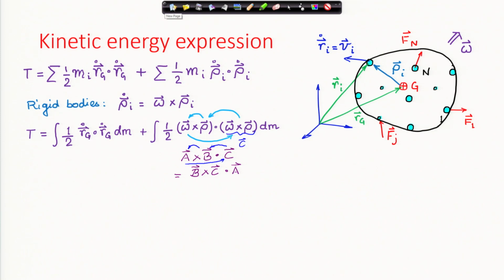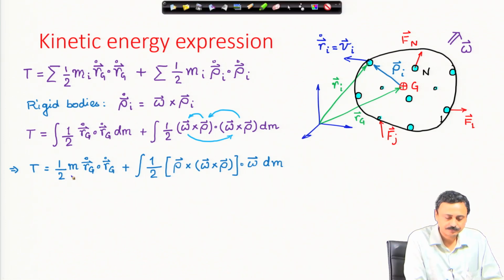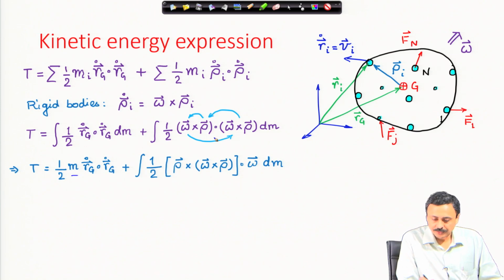Therefore, if I use that, I can write it as, so first term it's integration of dm. Integration of dm is nothing but the total mass of the system. The second integral can be written, because this omega goes here, so this comes here, and this omega cross rho goes to the second place.